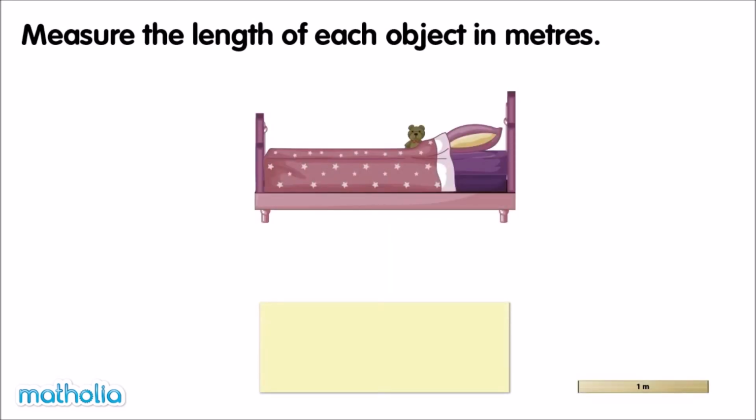Measure the length of each object in meters. Let's measure the length of the bed by placing 1 meter rulers end to end. 1, 2. The bed is about 2 meters long. 2 meters.